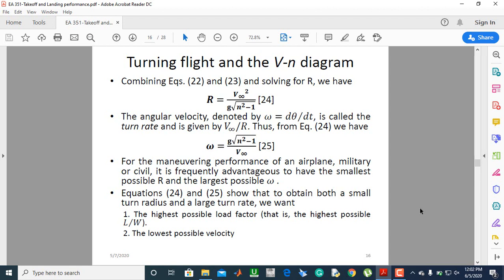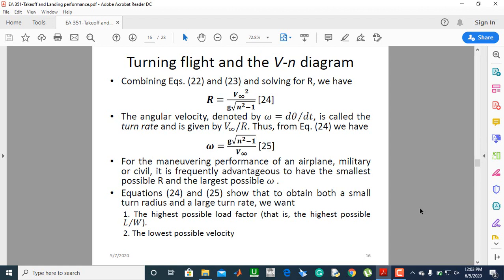Then the angular velocity, or the turn rate, is given by d theta over dt, which is also equal to V over R. And this from equation 24.